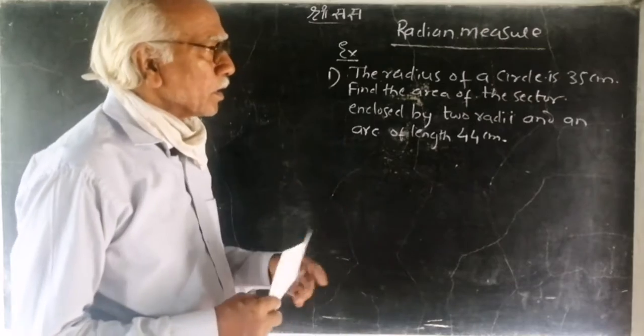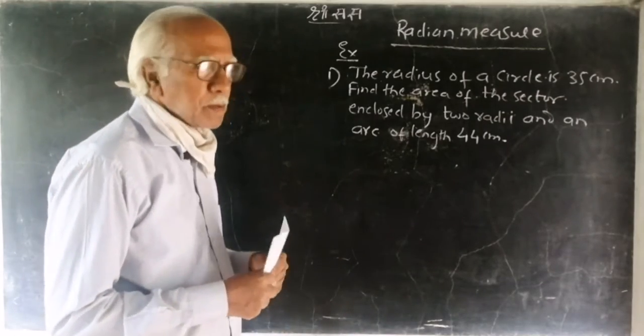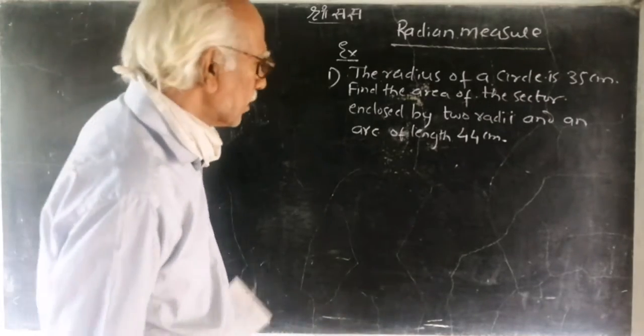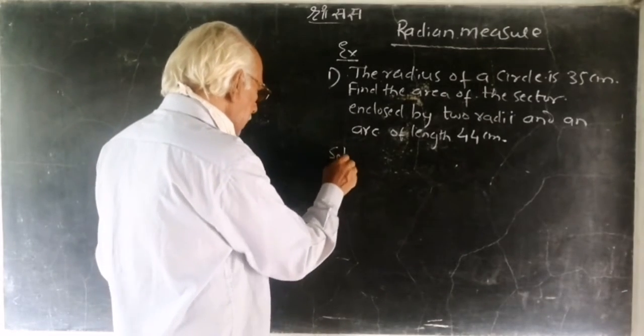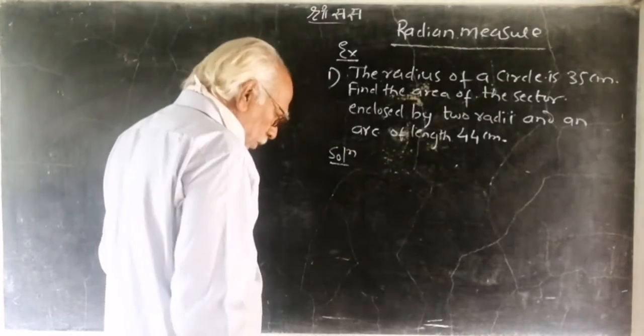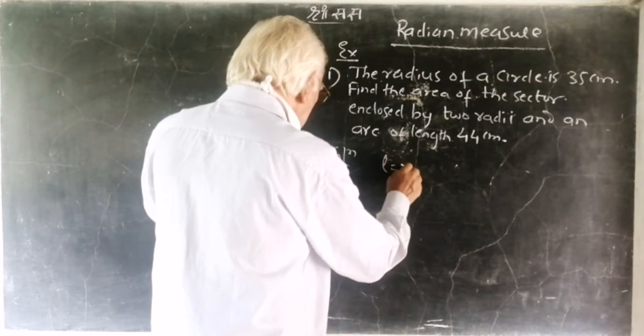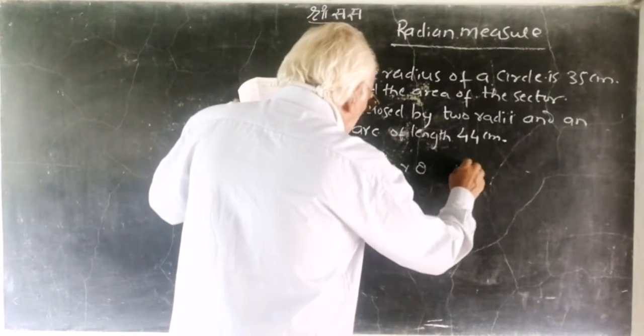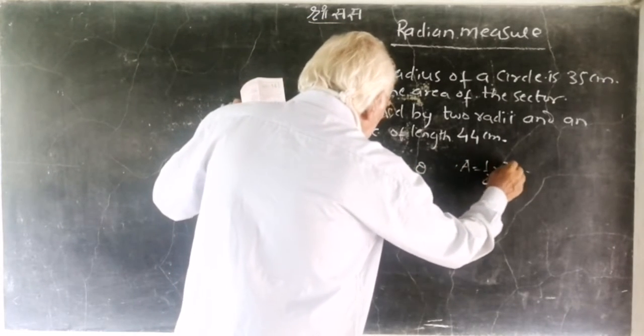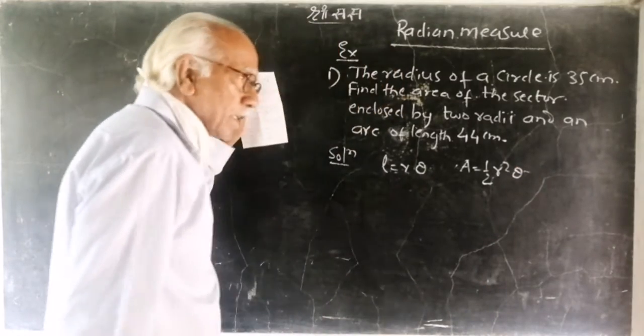So here you can directly use the formula also, but just to study that particular radian measure convention, we will be using two formulas here. One is L is equal to r theta, and A is equal to half r square theta.